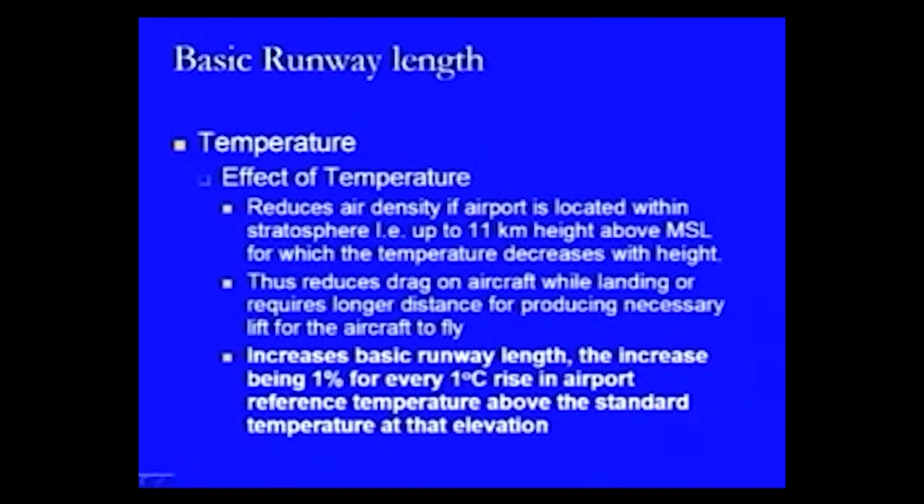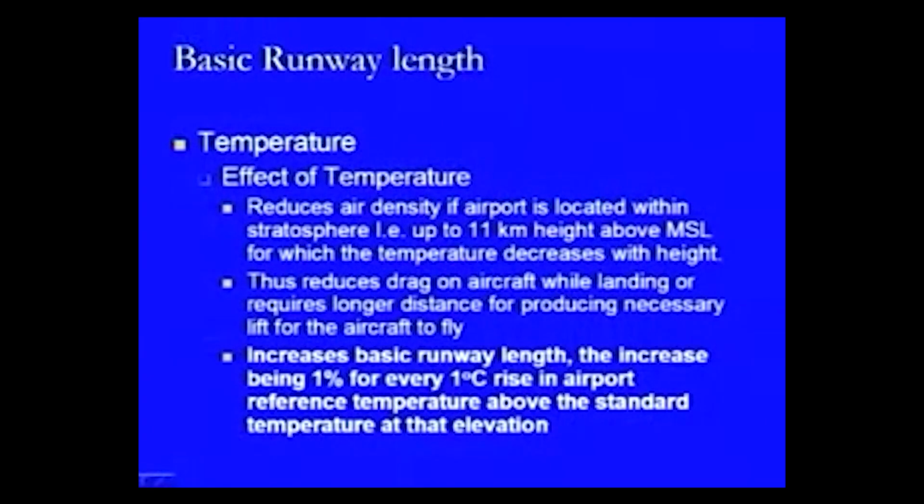As the temperature is decreasing with the height, there is an effect of the change in the air density, and that air density creates an effect in terms of the resistance offered to the movement of the aircraft at that elevation. Thus, it will reduce the drag on the aircraft while landing, or it will require a longer distance for producing the necessary lift for the aircraft to fly. So, that is the effect which will be there in this case.